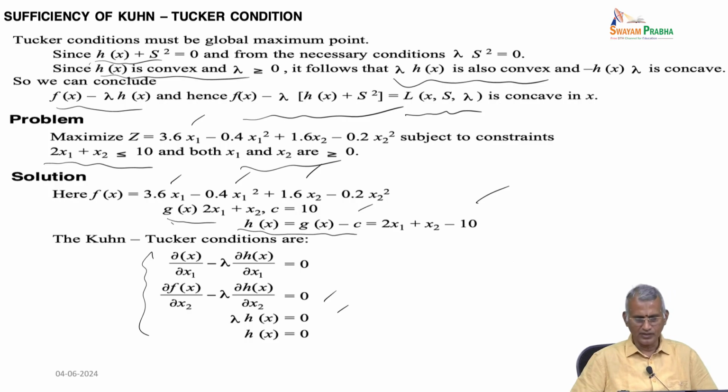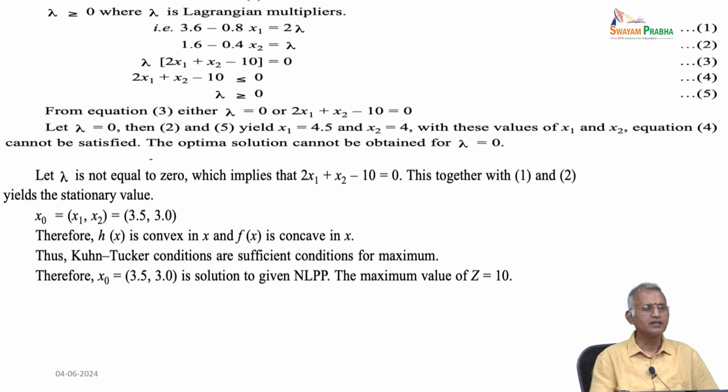The Lagrange's multiplier lambda can be calculated with the simplification of the above equations: 3.6 minus 0.8 x1 equal to 2 lambda, and 1.6 minus 0.4 x2 equal to lambda.